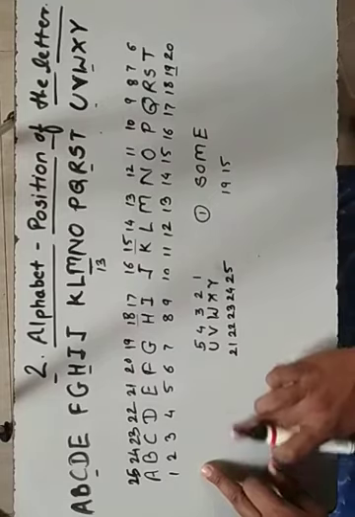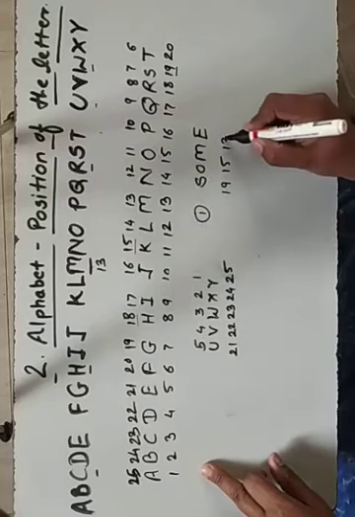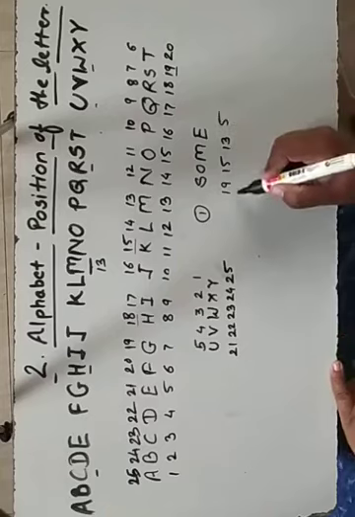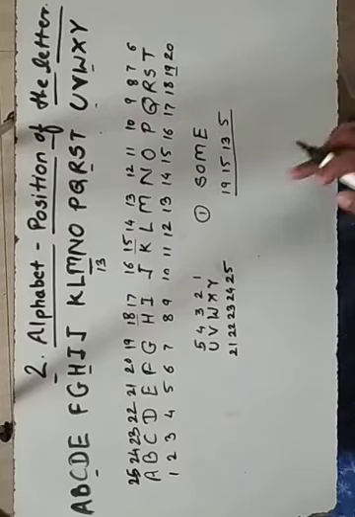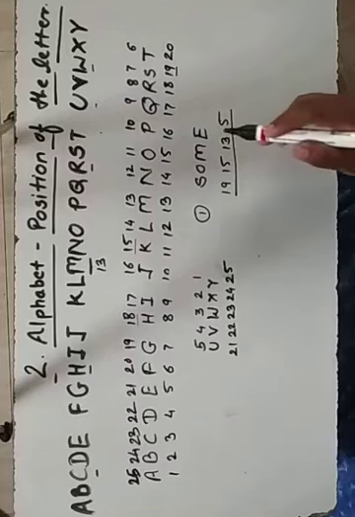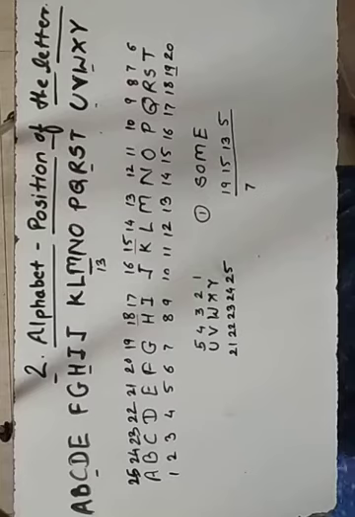M's position from the left side, it is at which position? 13th position. Okay, E's position is 5th position. So this is the group of numbers from the left side. And if the same thing they are asking from the right side, what will come here for S? 7.